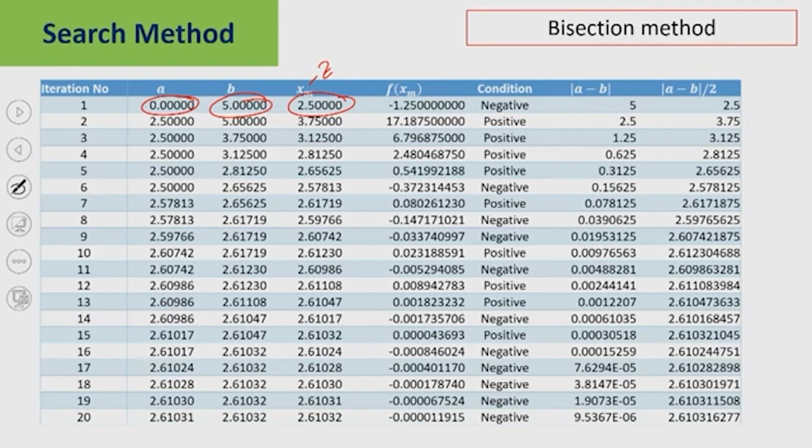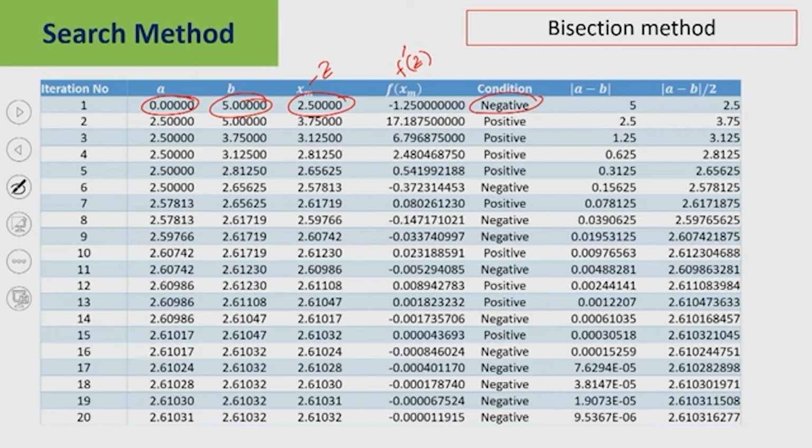So, I am getting this z value, and now you calculate the f z value. Okay. So, this is your f z, or x m. Now, you just see whether it is negative or positive, whether it is less than 0 or greater than 0.